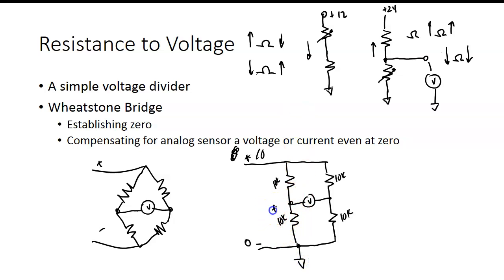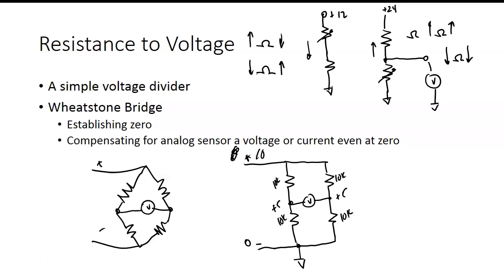So that means this would be plus 5 volts. This right here would be plus 5 volts. And what's the difference in potential between a plus 5 and a plus 5? 0. A lot of people want to say 10, but that would be if one side was plus 5 and the other side was minus 5. So our meter would measure 0.